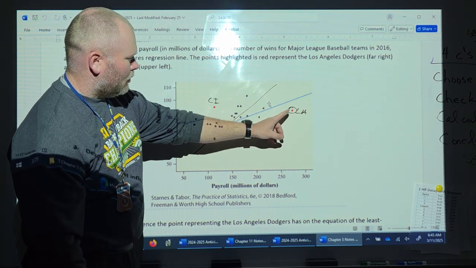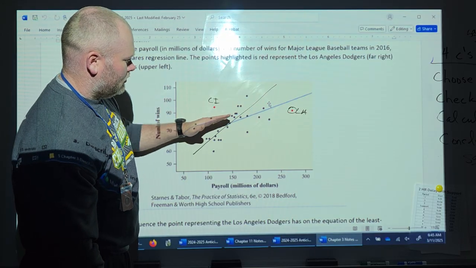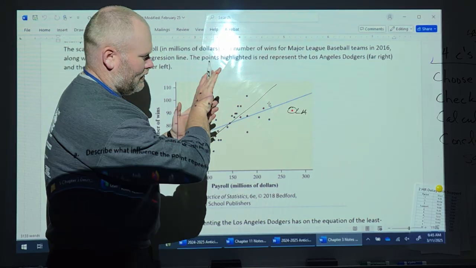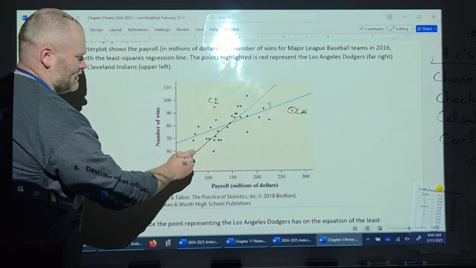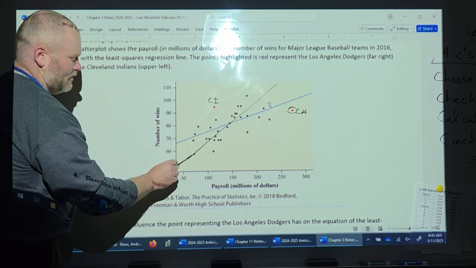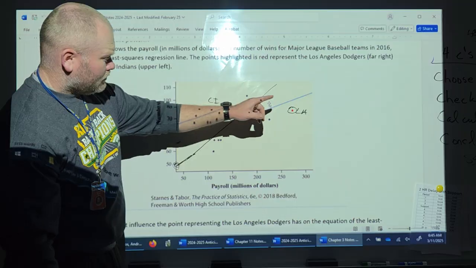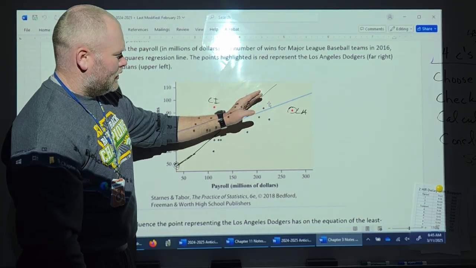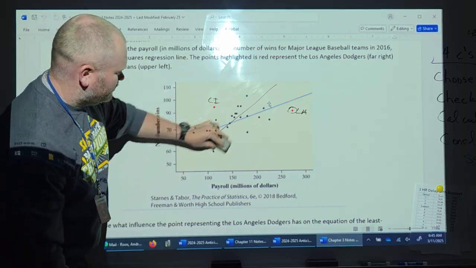So it looks like this point is decreasing the slope. Down here the original y-intercept would have been down here, but with LA, it was up here. So having this LA point in here decreased the slope, which increased the y-intercept.